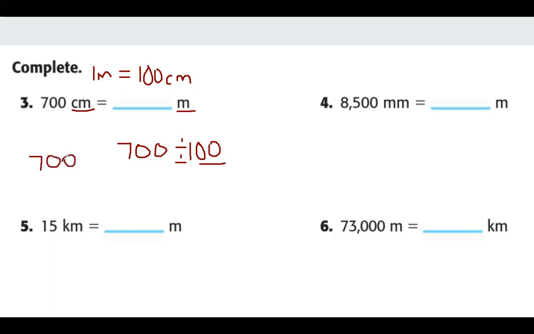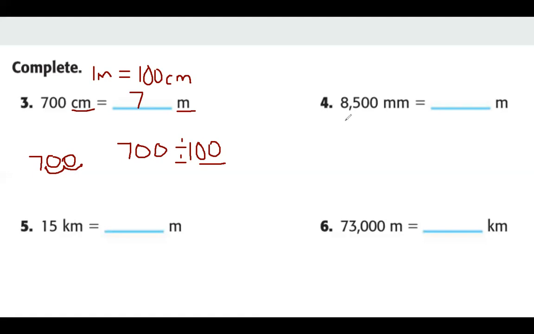I don't see a decimal on here, but that doesn't mean the decimal's not there. It's after the ones place or at the end of the number, which means it's right here. So I'm going to move 2 places to the left because I'm dividing by 100. So 1, 2. My decimal ends up right in that spot, which would leave me with the whole number 7. So 700 centimeters is equal to 7 meters.